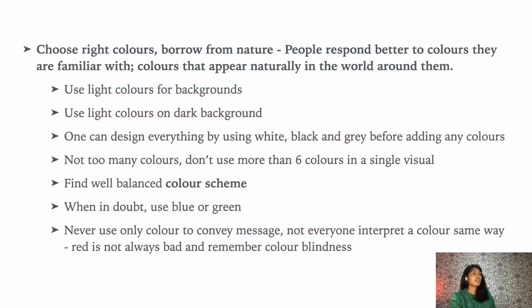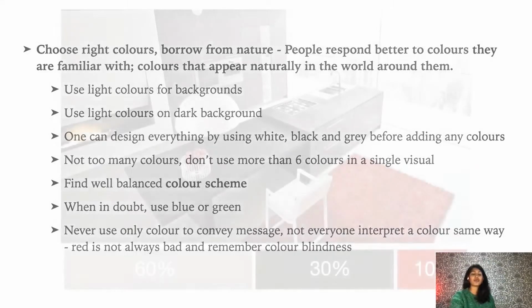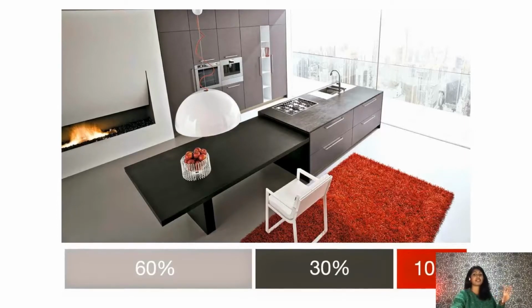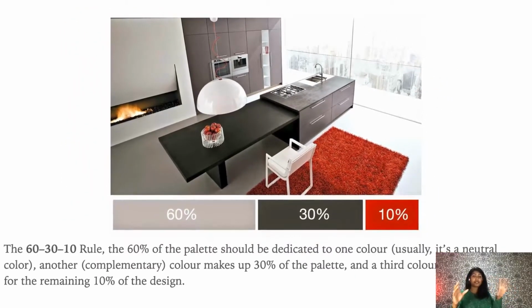And then use a very well balanced color scheme. In the UX world, when it comes to design, for a balanced color scheme, there is a rule called the 60-30-10 rule. The 60-30-10 rule is very good because 60% of your color is neutral, 30% is complementary, and 10% is your accent color.